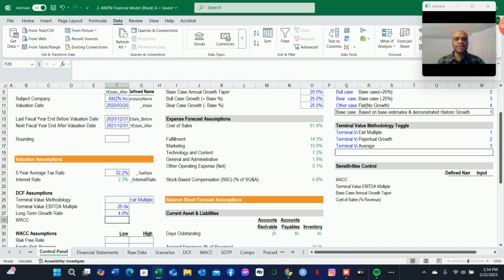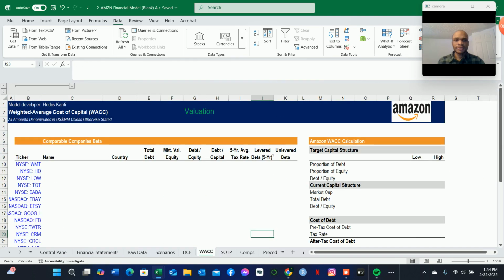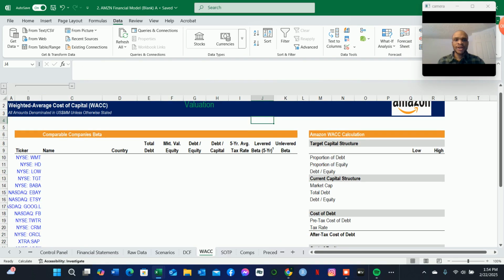And then for the WACC, like we said, we have a rigorous WACC analysis that we have to construct here. So here we have our WACC sheet where we will be using several key metrics to determine our WACC.